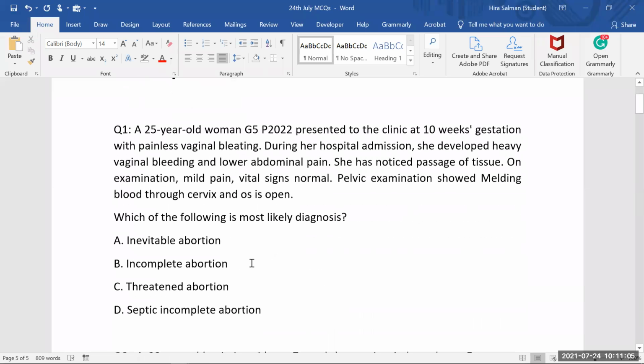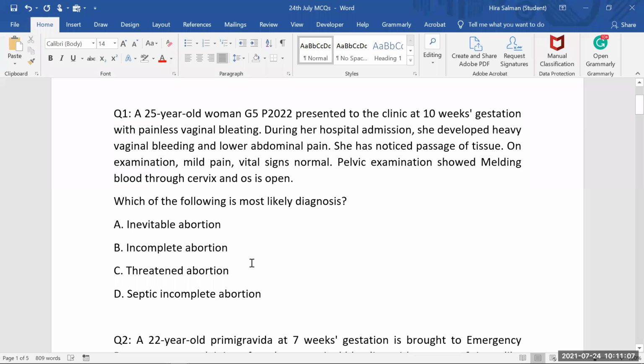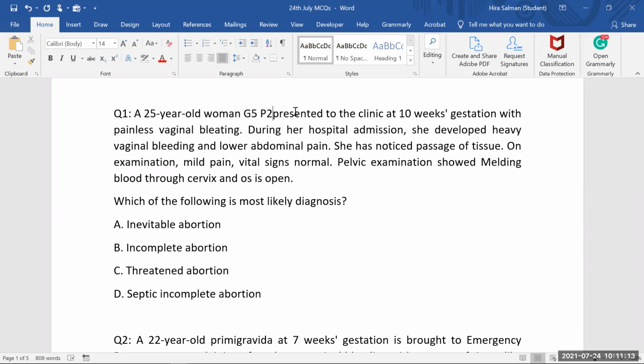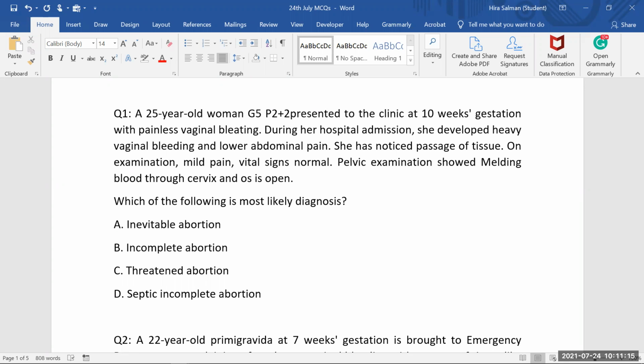Here the first question says, a 25-year-old woman, gravida 5, para 2 plus 2, presented to the clinic at 10 weeks gestation with painless vaginal bleeding. Sorry about that, it's OCR, and because of OCR, we do have some spelling mistakes.